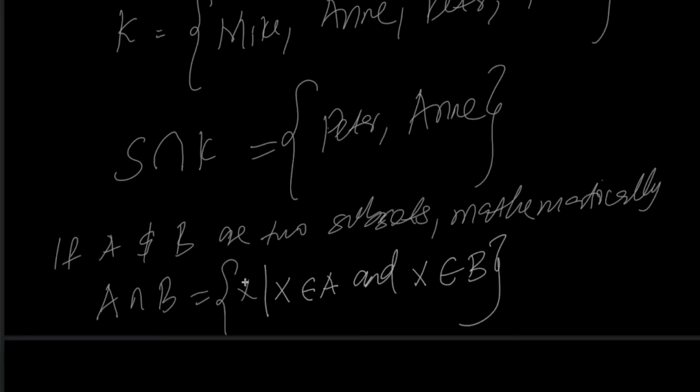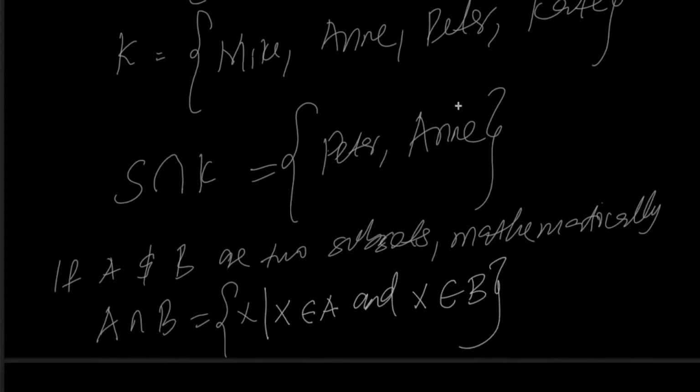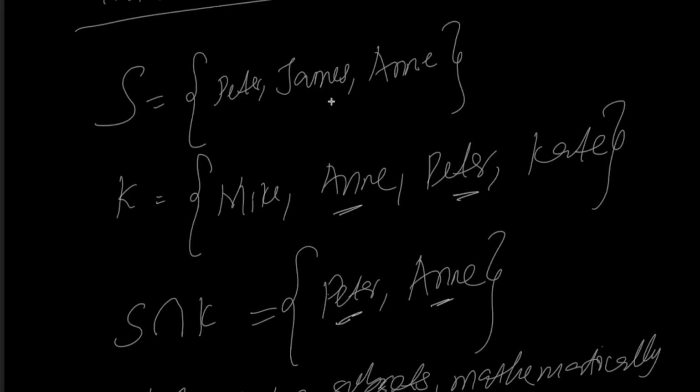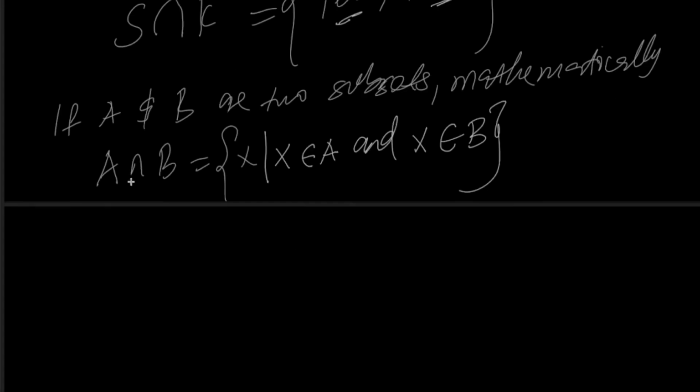As you can see in this place, Peter is an element of S and is also an element of K. A intersect B is such that x is an element of A and x is an element of B.